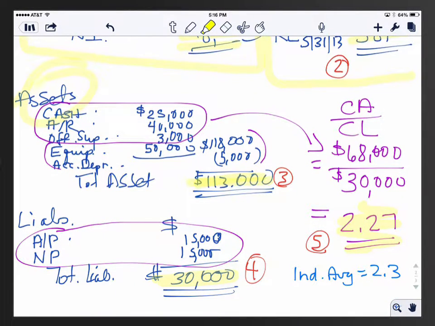And that's what we did here. And what were the liabilities? And then we used just the current assets and just the current liabilities up here in our math to figure out our current ratio. So our current ratio is 2.27. Okay, that's the kind of question you could be asked on the test. That's some basic manipulation of basic financial accounting numbers.